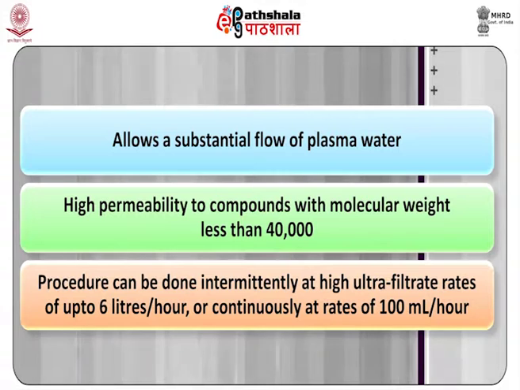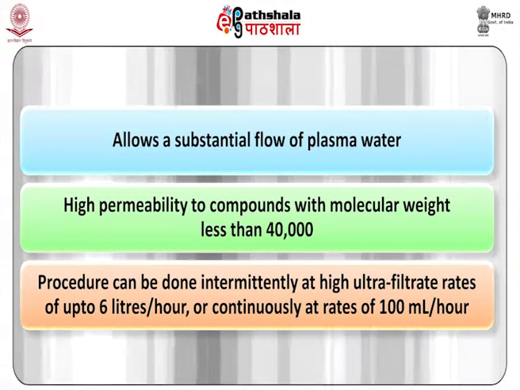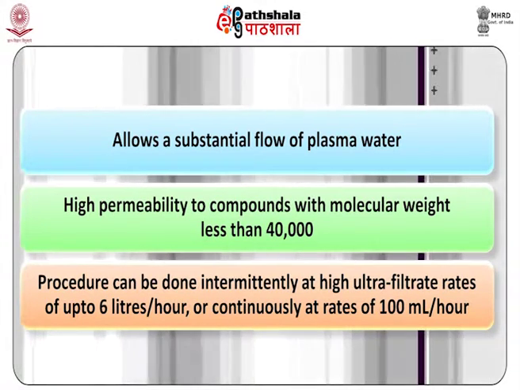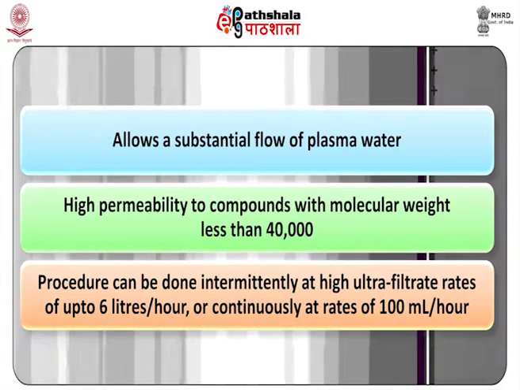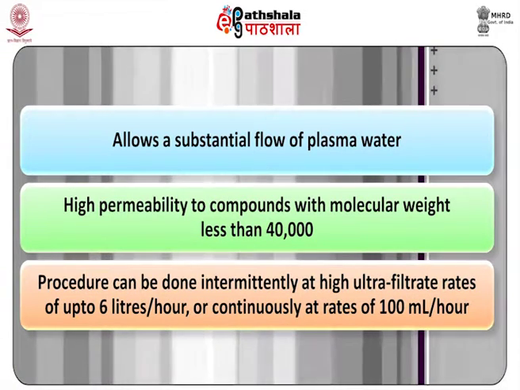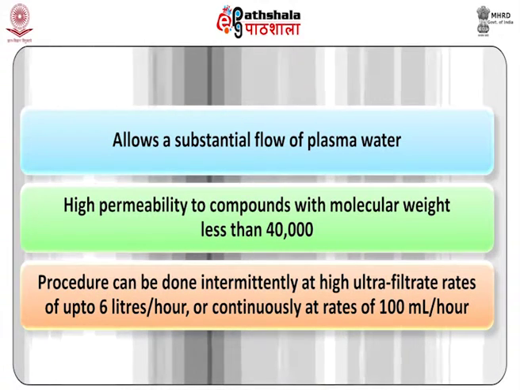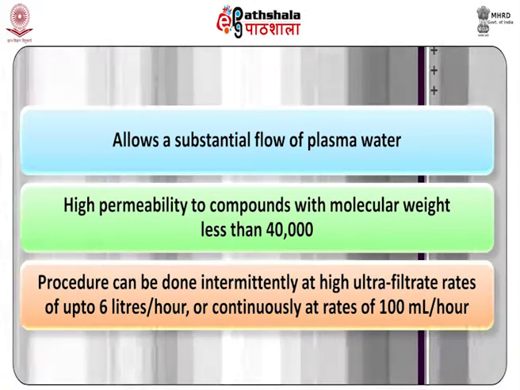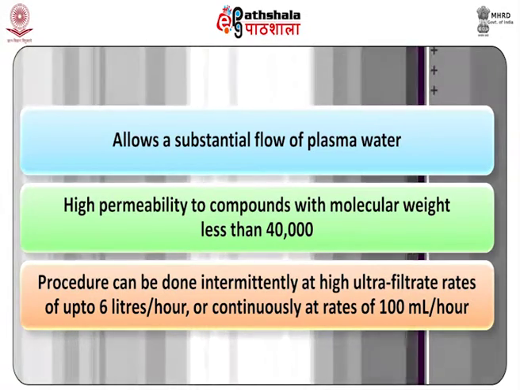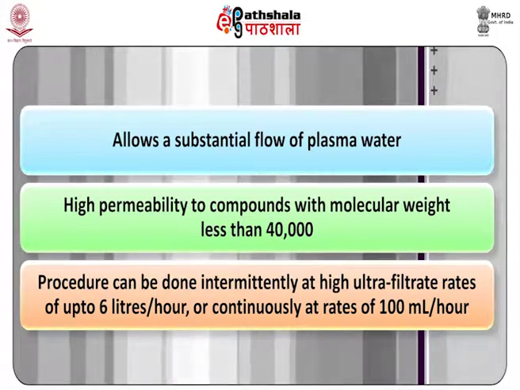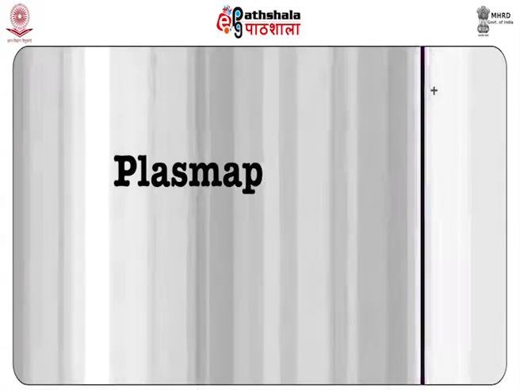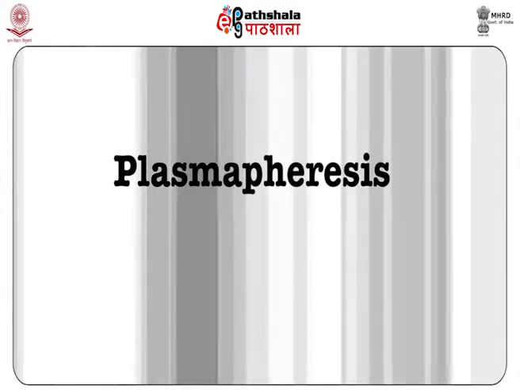This allows a substantial flow of plasma water and a high permeability to compounds with molecular weight less than 40,000. The procedure can be done intermittently at high ultrafiltrate rates of up to 6 liters per hour or continuously at a rate of 100 milliliters per hour. Next is plasmapheresis.